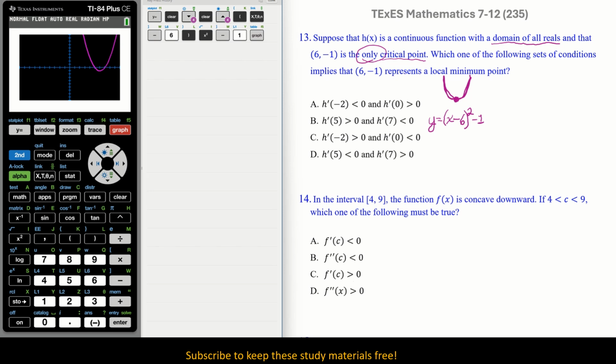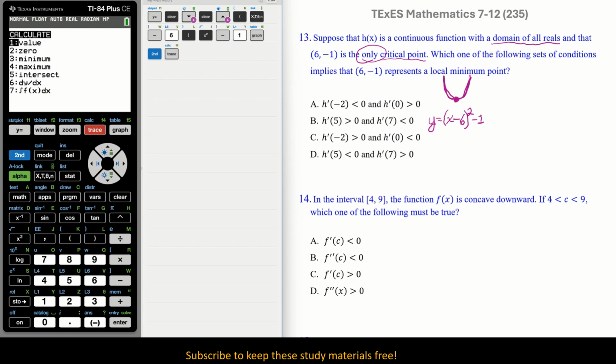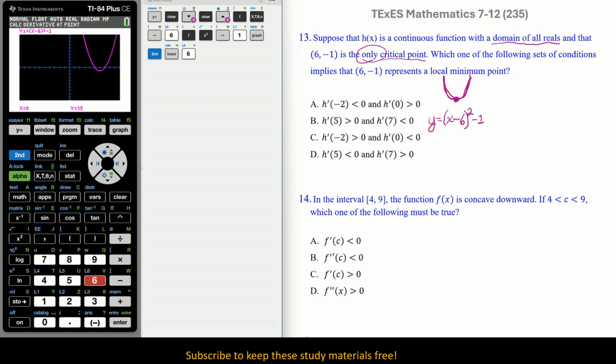So we push second trace, and we go to 6. Now I want to know about -2. So I put in -2, and it shows where I entered it, and I push enter. And that says -16.